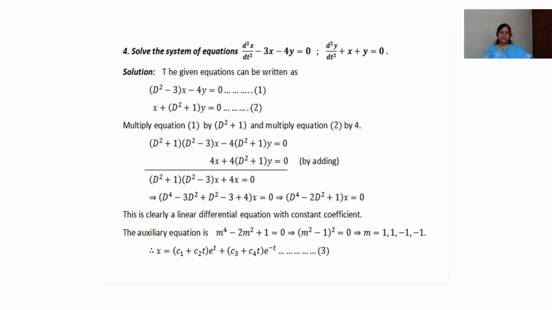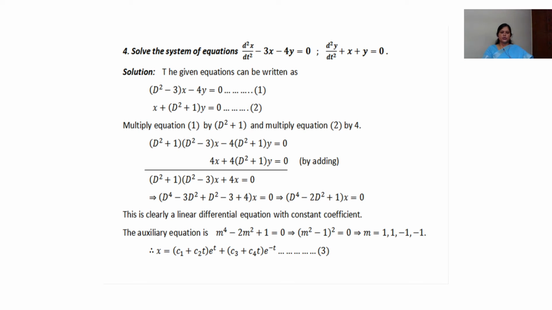Now we are going to solve these two equations by multiplying equation 1 by d square plus 1 and equation 2 by 4. So the first equation becomes d square plus 1 into d square minus 3 into x minus 4 into d square plus 1 into y is equal to 0. Then the second equation becomes 4x plus 4 into d square plus 1 into y is equal to 0.